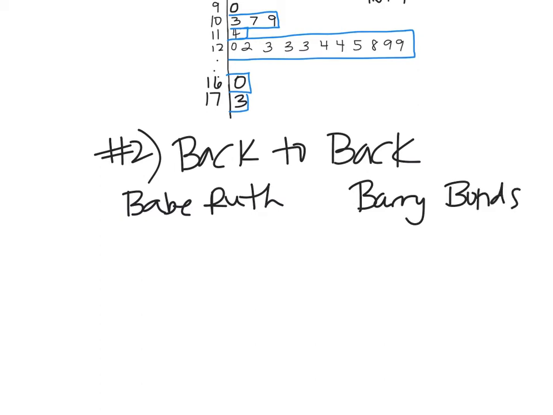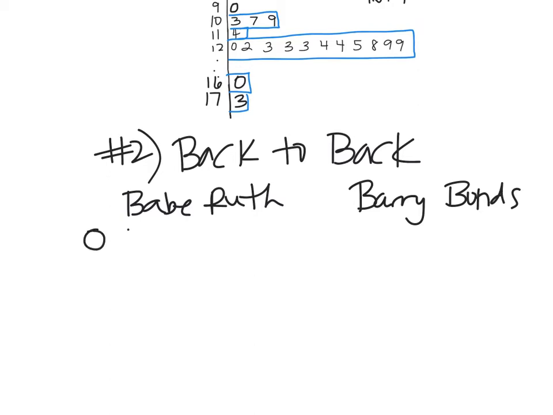Babe Ruth was a long time ago. Barry Bonds was like 2001 era, right around there, okay? So this is going to be the total home runs that they hit. Babe Ruth, in his first year of playing baseball, hit 0 home runs.